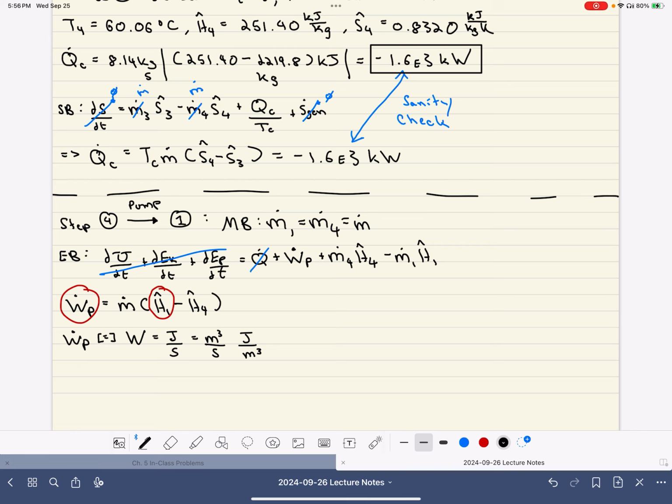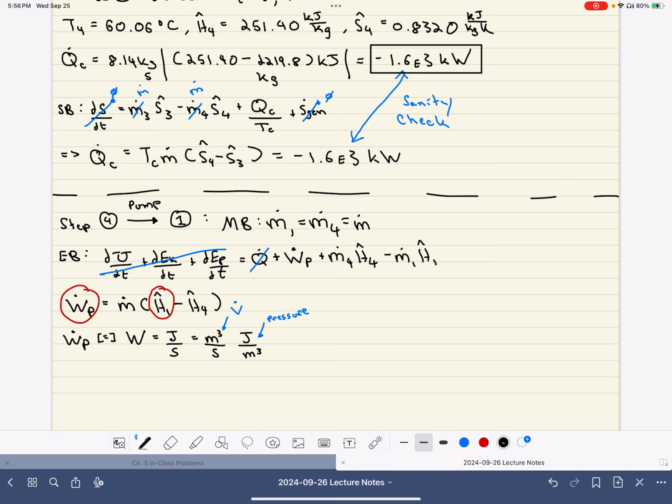Okay? And so meters cubed per second, that's a volumetric flow rate. And joules per meter cubed, if you remember, that's the same thing as a Newton per meter squared, or in other words, a Pascal. And so joules per meter cubed gives you a pressure.